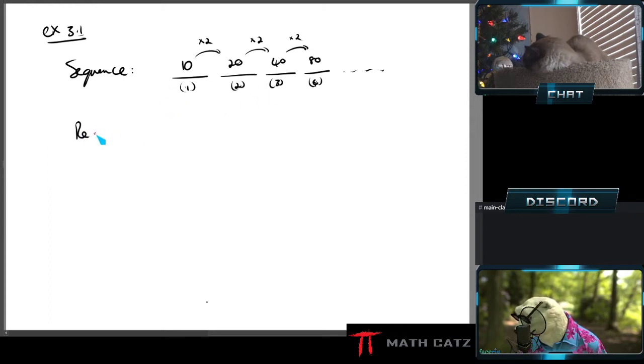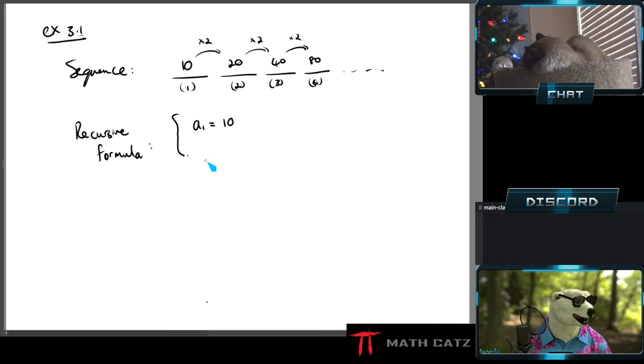And that means if I can explain it in words, I can write a recursive formula, which is just a direct translation of those words. Start at the first term, which is 10 in this case. And then I have to just translate the fact that if I want the term, I take the previous one and I multiply by 2.